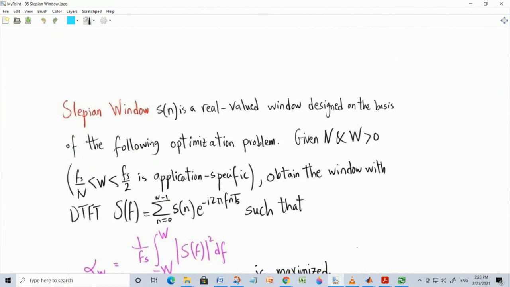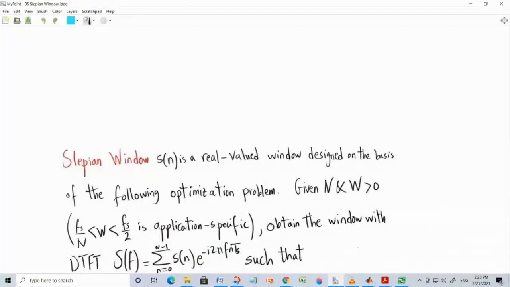So we want a window whose spectrum, again, we don't like the rectangular window. The rectangular window's side lobes are high, such that in practical applications they cause you trouble. We want a window with side lobes that are small.